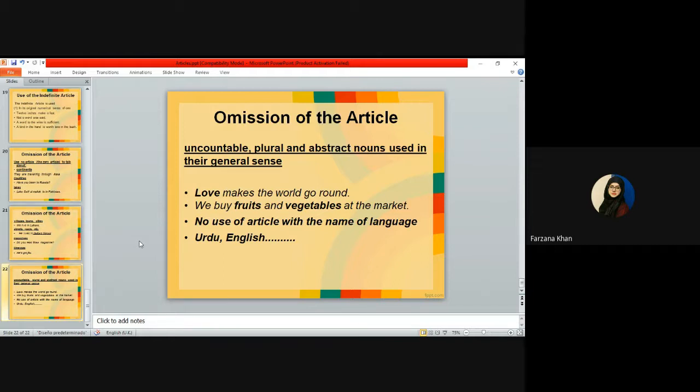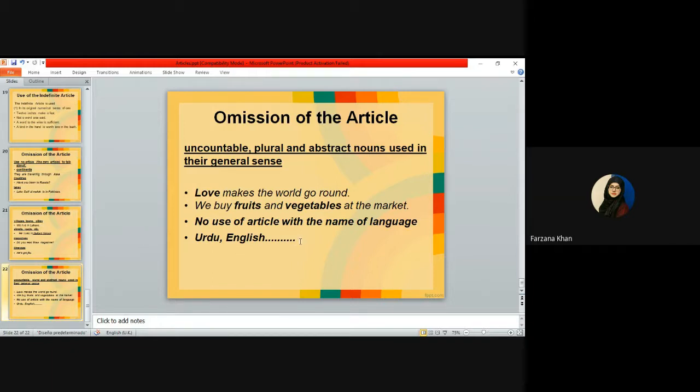And you also learned where to use the indefinite article, where to use the definite article, and where to avoid the use of articles. Basically, it's very important when you are talking to another person and when you are writing any type of text. Proper, appropriate use of articles gives an image in front of the other person that you have competency in the language.